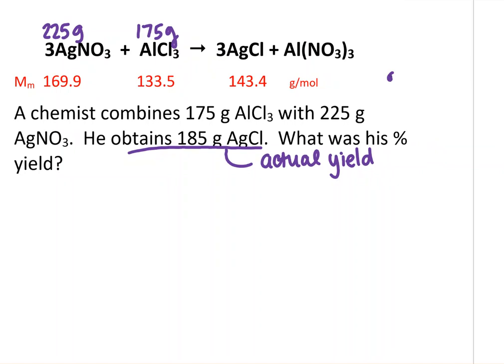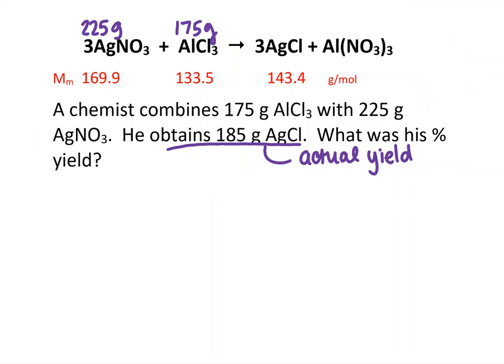And percent yield is actual over theoretical times 100. So we have the actual. We need to get the theoretical yield. And the theoretical yield is what you get when you calculate using stoichiometry.